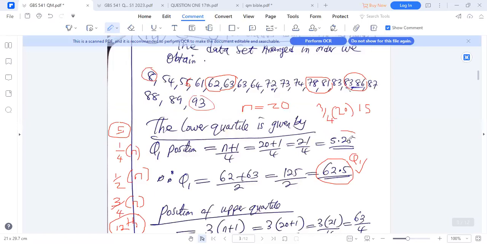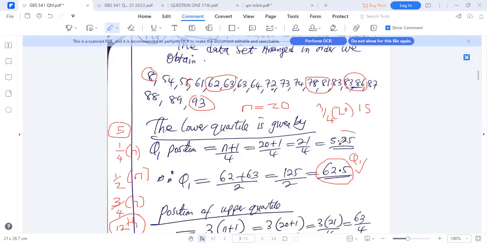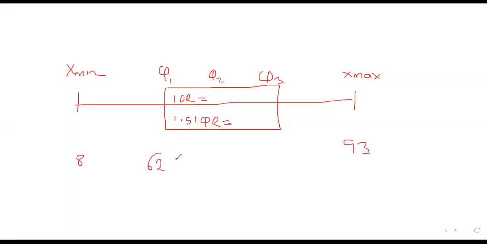8 and 93. Our Q1 we just found as what? 62.5. And here we're at 84.5. When you subtract these two, what do we get?